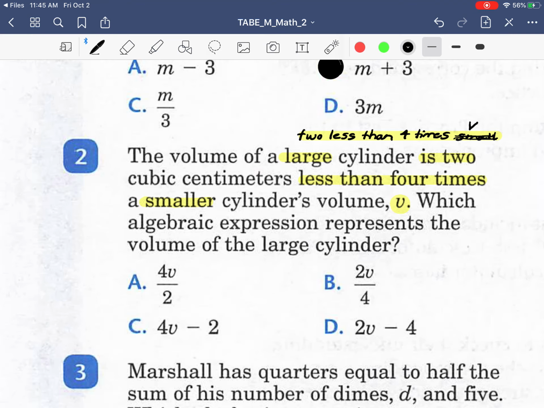Let me write it right here. 4 times V less than, and then a 2. And we have this expression ready to go. V is the small cylinder's volume, 4 times that, and then we're going 2 less than that.